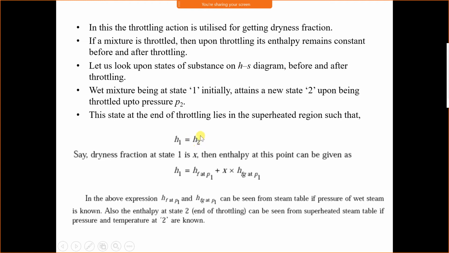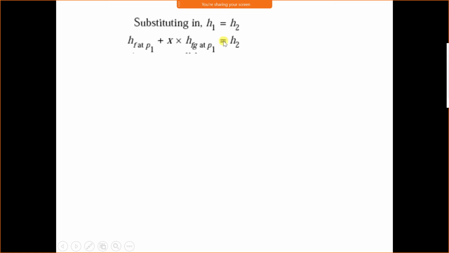Now H2 can be calculated directly from the steam table, but for H1, X is required. We don't know the value of X. We know the values of HF1 and HFG from the steam table. Therefore we equate H1 is equal to H2. Now H1 is equal to HF at pressure P1 plus X into HFG at pressure P1 is equal to H2.